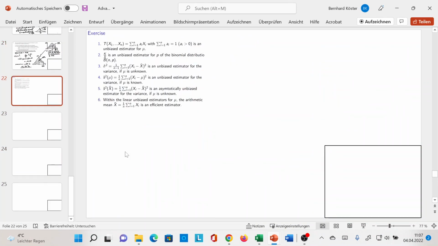So then we just write down the definition of an unbiased estimator for one.